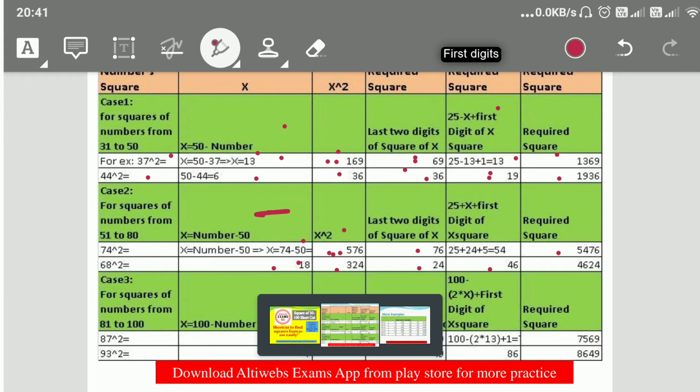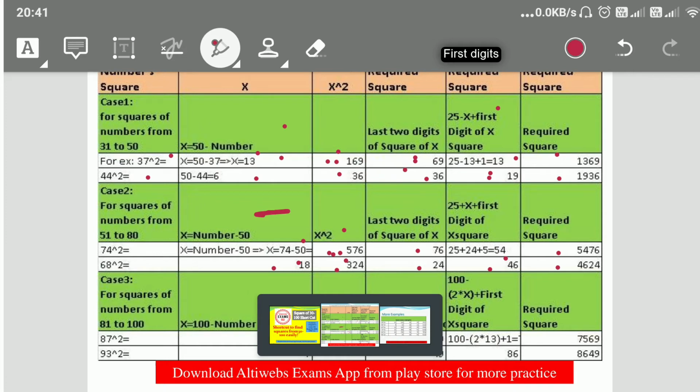Now 43 plus the first digit in 324, which is 3. 43 plus 3 is 46. So the first two digits are 46. So the answer is 4624. In this way you can find the square for numbers between 51 to 80.